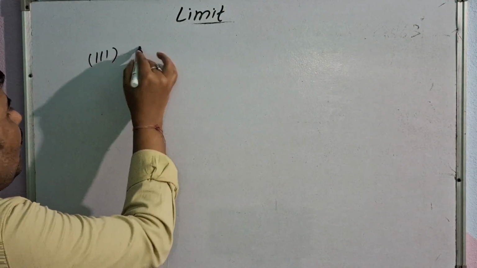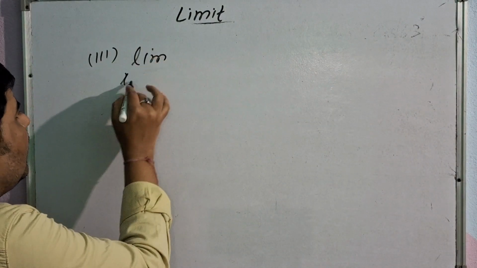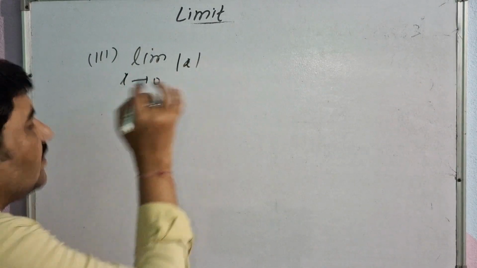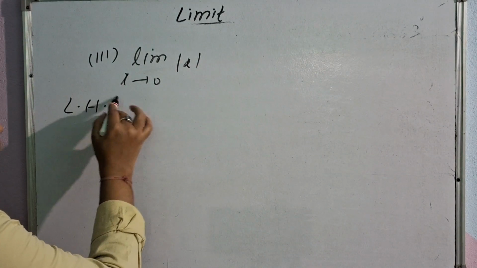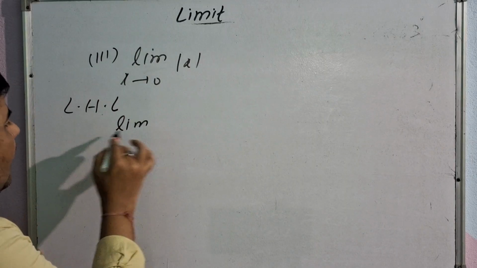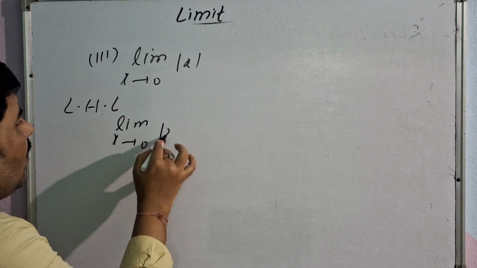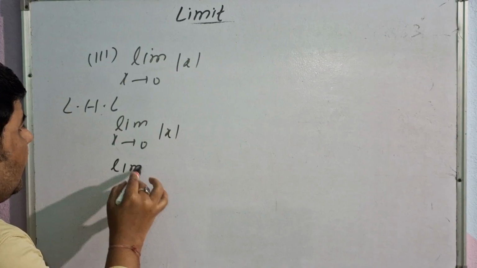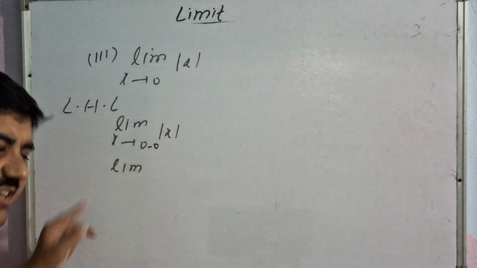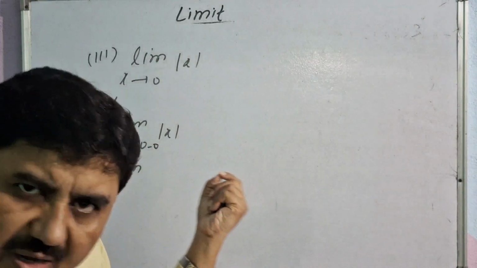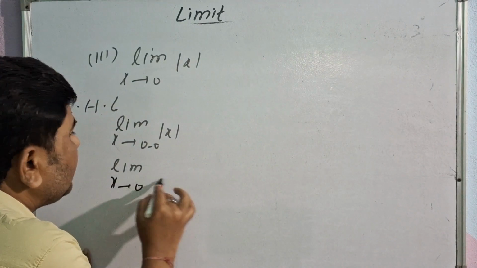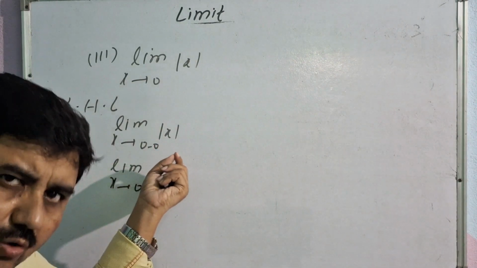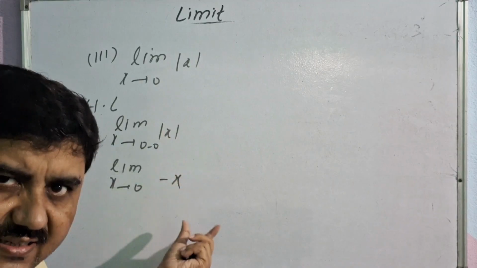x tends to 0 of |x|. At first I took LHL, limit x tends to 0 minus 0 of |x|, that is for x less than 0. Since x is less than 0, |x| is minus x.